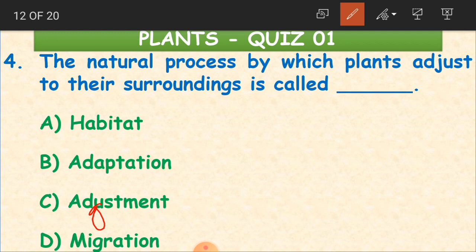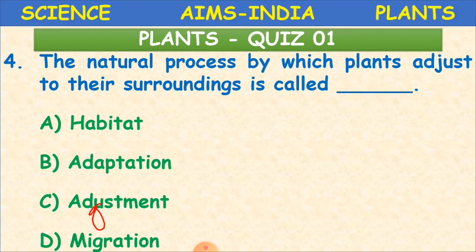Yes, the natural process by which the plants make themselves convenient to grow in that particular climatic conditions or place is option B, adaptation. Clear, children?